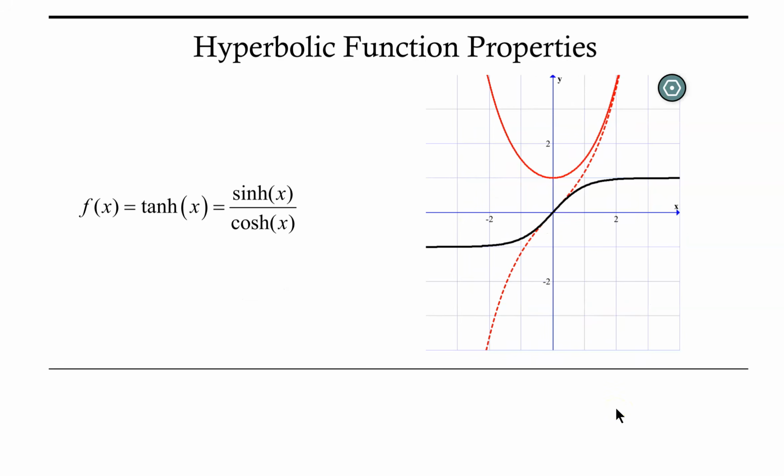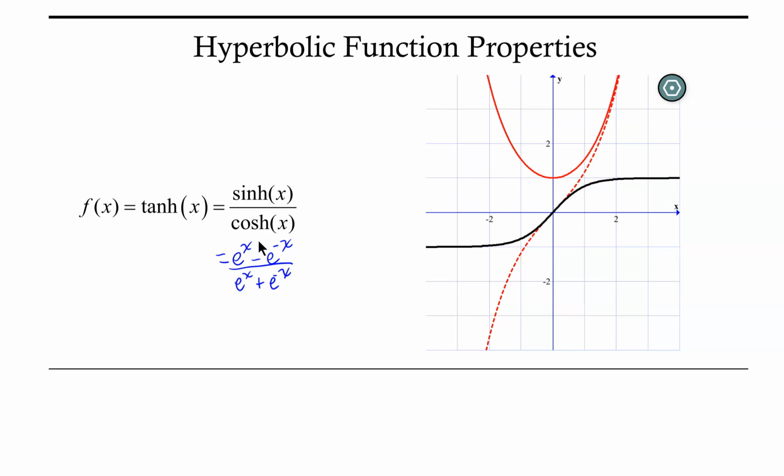Next, let's look at the hyperbolic tangent function. The hyperbolic tangent function is the ratio of the sinh function to the cosh function. If we wish to write it in exponential form, it would be e to the x minus e to the negative x divided by e to the x plus e to the negative x. So notice it's the ratio of the hyperbolic sine and the hyperbolic cosine.